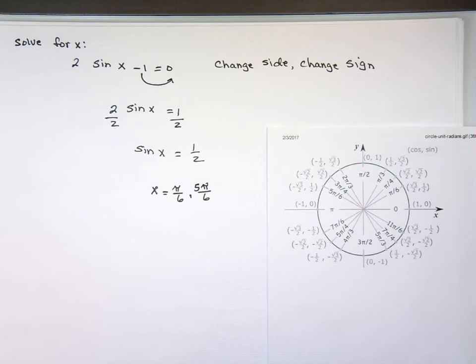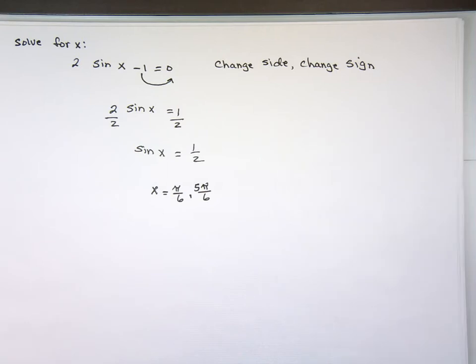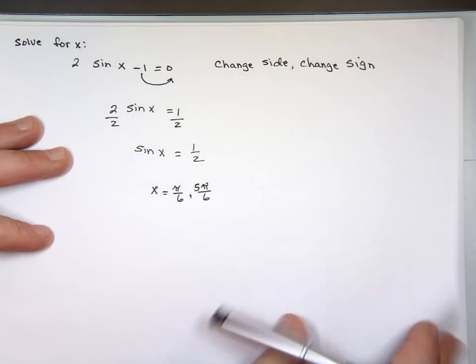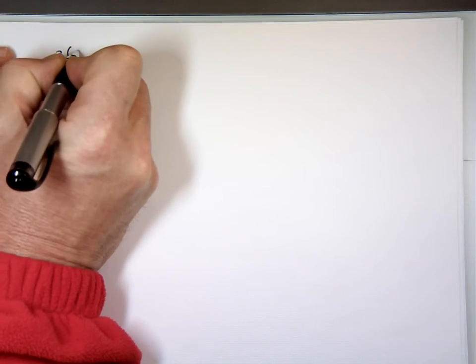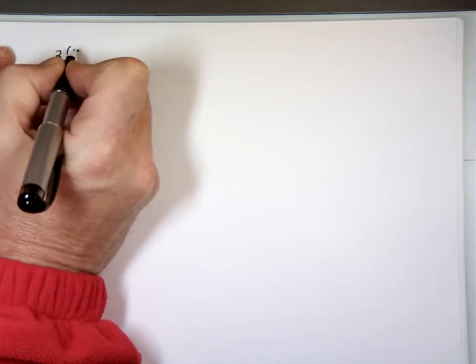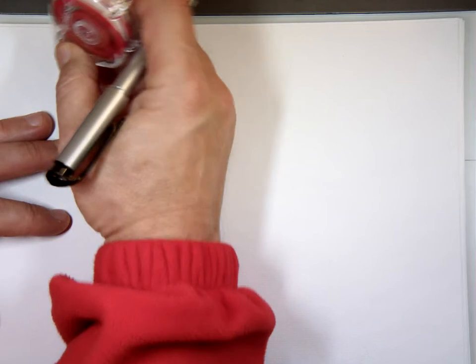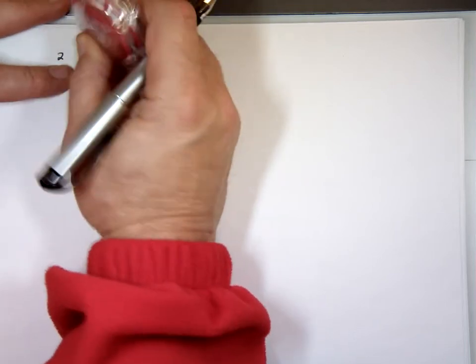Let me try another one. Keep the unit circle handy. 2 times cosine squared x minus sine of x minus 1 is equal to 0. I'm going to write cosine squared, I don't need the parentheses for it.